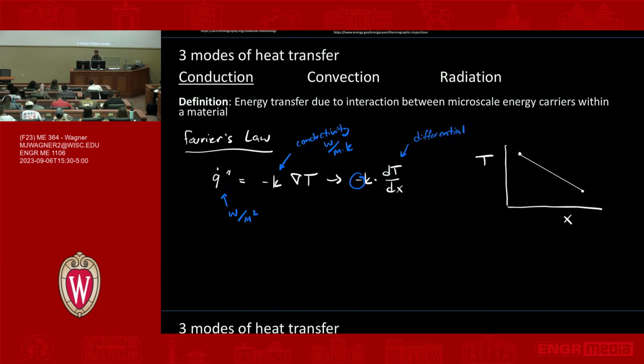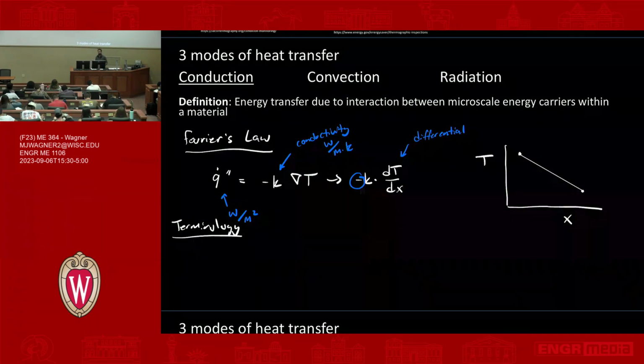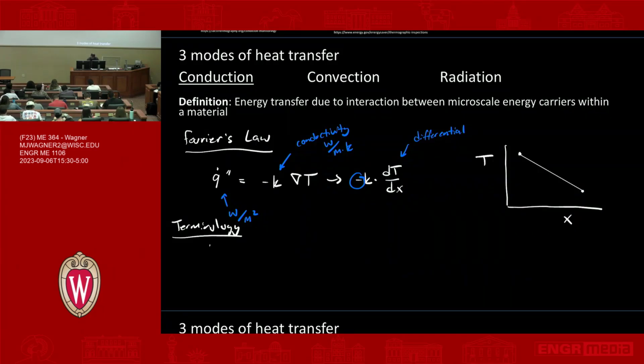Okay. So let's clean up a little bit on the terminology here. I'm using these different symbols, Q dot, Q dot double prime, and so on. Let's deal with that. So let's deal with Q. All right. Just Q, no dot. Then Q dot, and Q dot double prime. All right, so Q is our unit for energy. And so this has units of joule. It is heat transfer.